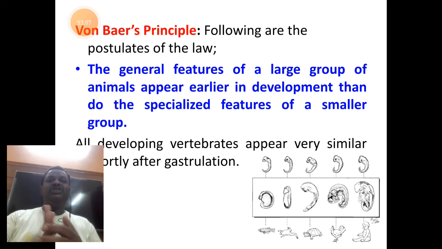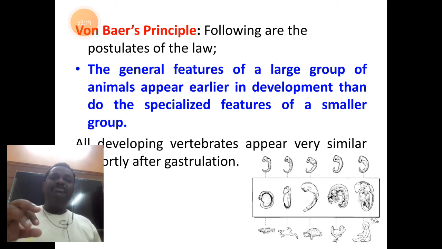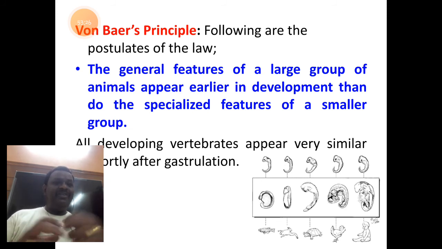The first postulate is that the general features of a large group of animals appear first. The common characters that we find between the classes of different organisms start appearing first during development, then follow the specialized characters in them. For example, all developing vertebrates will appear almost similar till the stage of gastrulation.